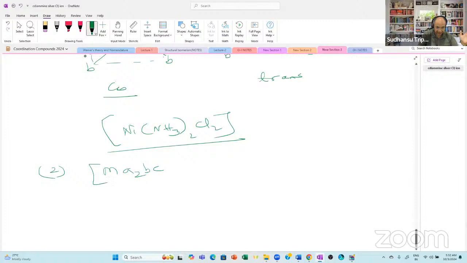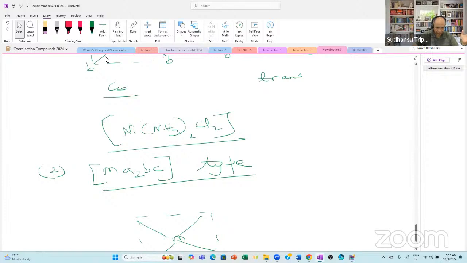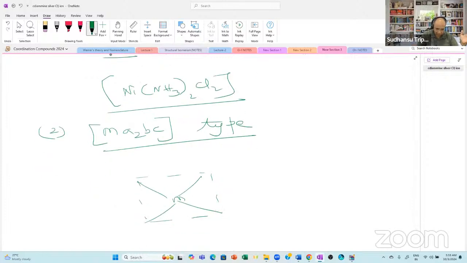Then A2BC type. Simply instead of B2, I took another, third type of ligand which is different from B. So same, two. You cannot have a third one. You can try, you cannot have a third one. You can keep AA close to each other.